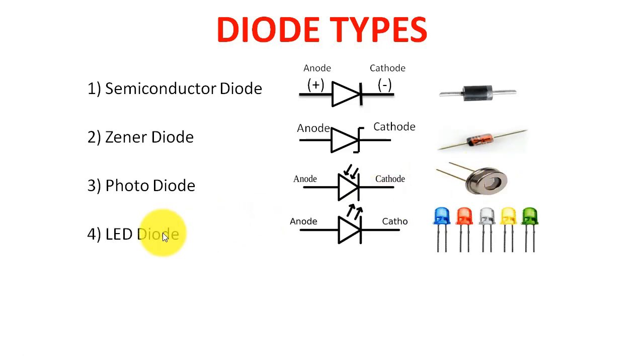Then we can see the LED diode. This is the anode and this is the cathode, and the arrow points upward. On boards in laptops, desktops, printers, LED TVs, the power light or any type of light is actually from an LED diode.